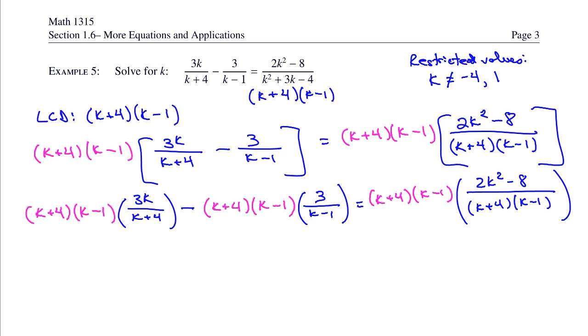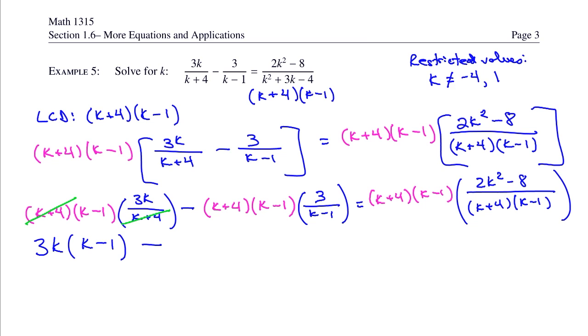Next, let's cancel the denominators with the LCD. So in the first one, we have k plus 4 cancels, and that leaves 3k times k minus 1.